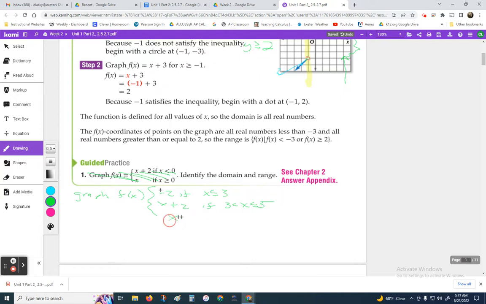And then we'll just do x minus 1 if x is greater than 5. All right, so 3 different equations.